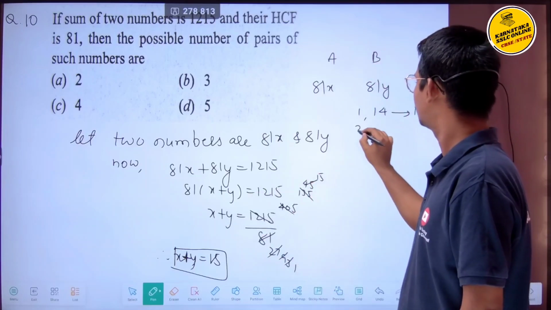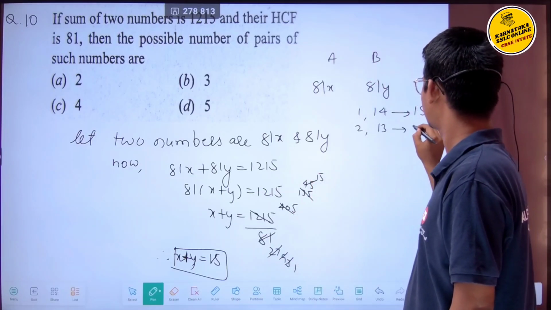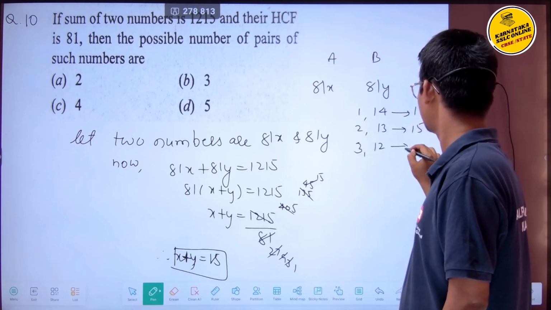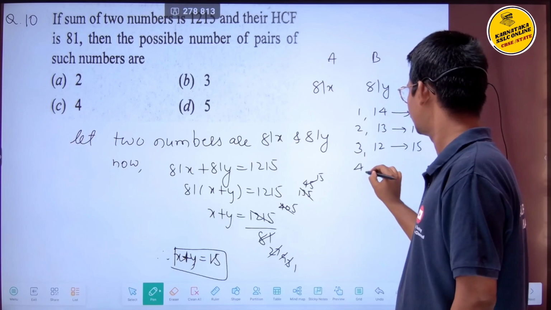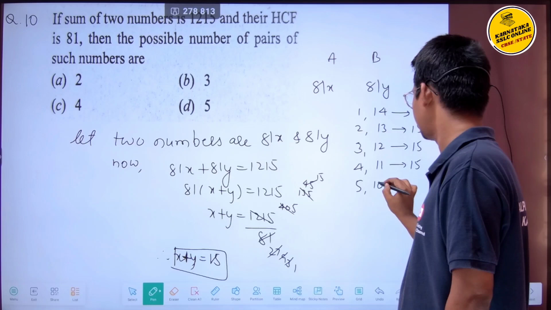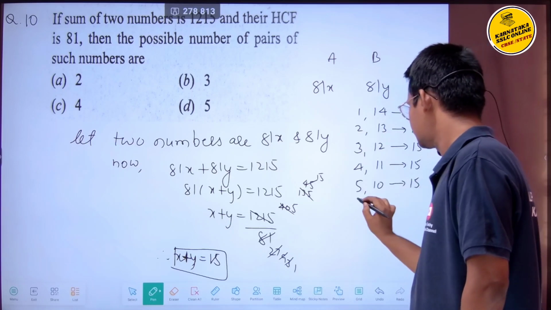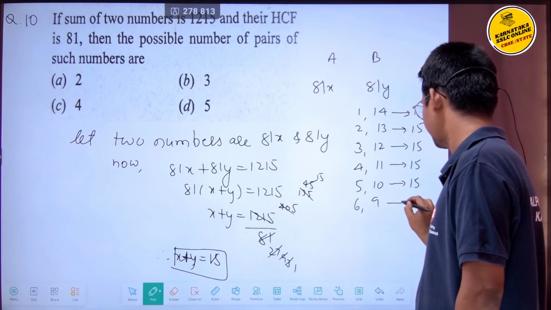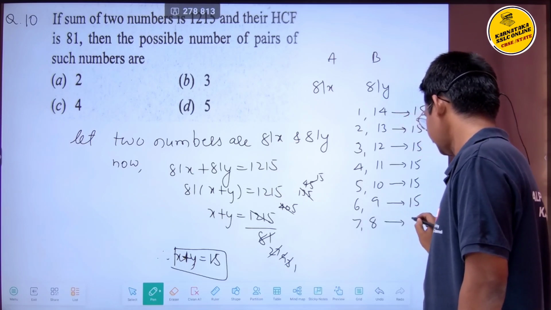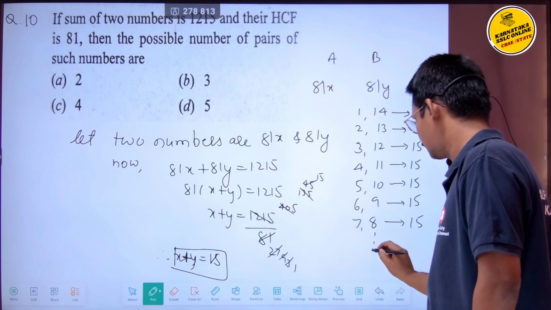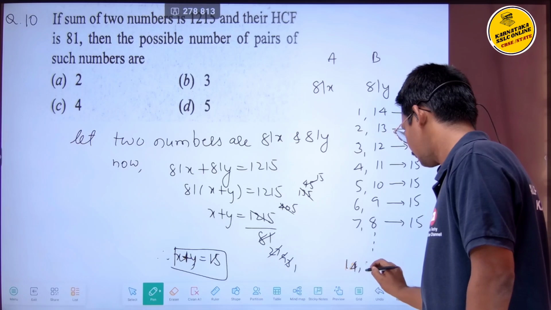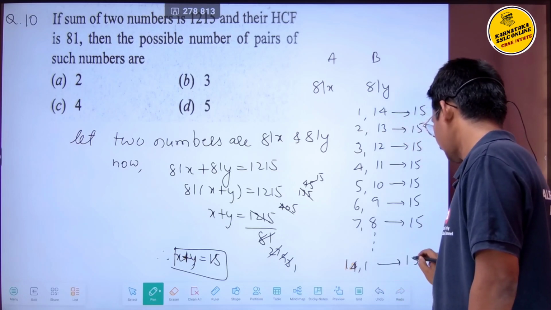You can go with 2 comma 13, 3 comma 12, 4 comma 11, 5 comma 10, 6 comma 9, 7 comma 8, and like this you can go till 14 comma 1.